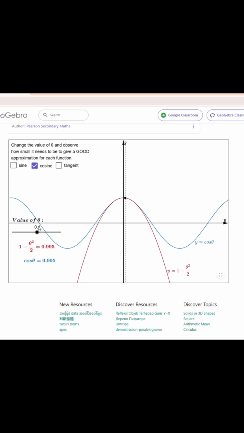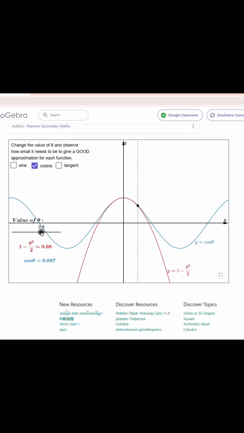Let's have a look at cosine. So this time you'll see that the graph I've drawn is not y equals x, it's actually y equals 1 minus theta squared over 2. So we've got a negative quadratic here, which I think makes sense looking at what our cosine graph looks like for very small values of theta. The bigger or the more negative it gets, the more it diverges away from each other.